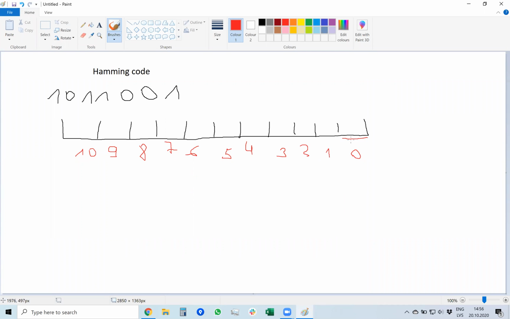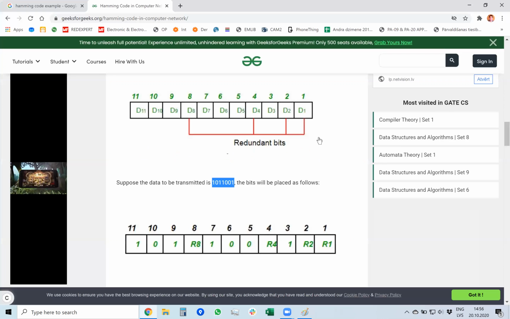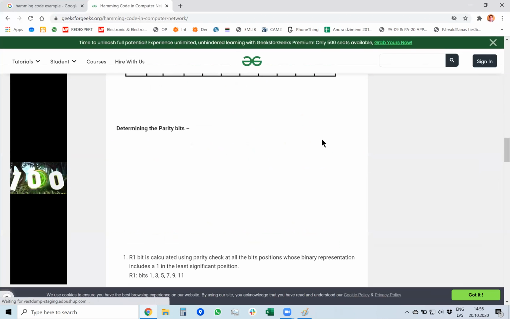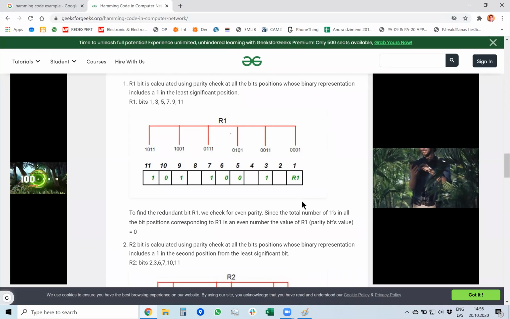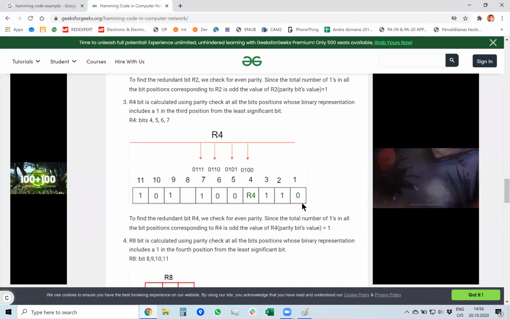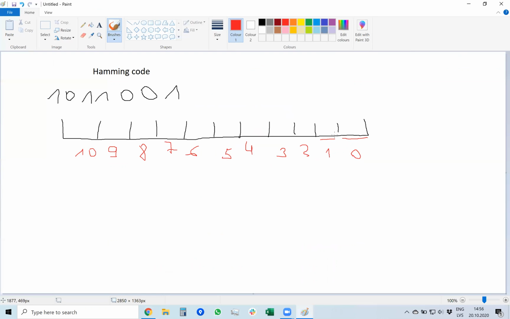So location number 0, number 1. I guess in this example they are counting from 1, but I don't think it is correct. So this would be location 0, 1, I think 2, 4, and 8 would be correct.